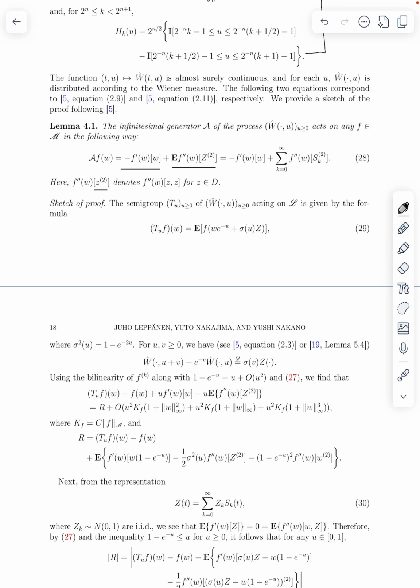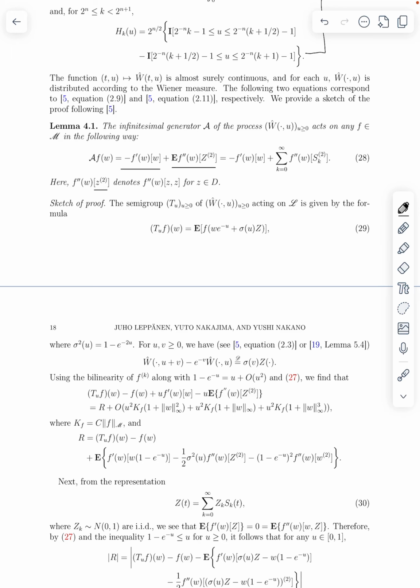So what we're going to do is figure out what the semigroup acting on F is and see how it goes. In order to understand the semigroup acting on F, all we have to do is push forward this W by the semigroup by a certain amount of time u, and then figure out the expected value. So this is the expectation under F of W applied to e to the minus u.